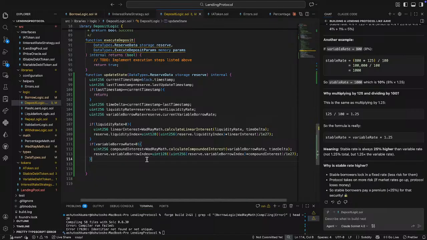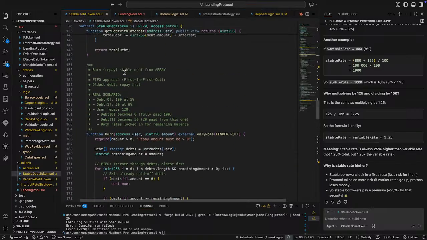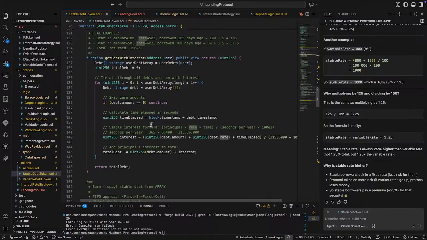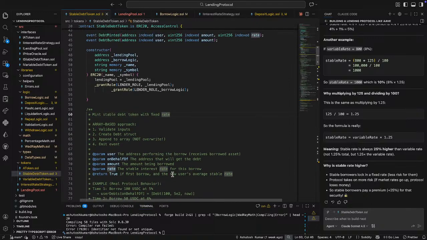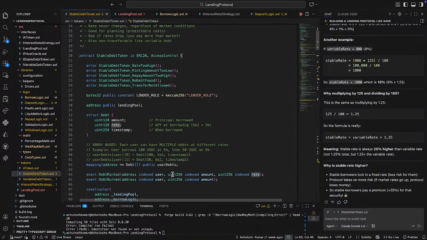Now we have updated the liquidity rate and borrow variable rate. Stable does not have index. Hmm. Amount rate.